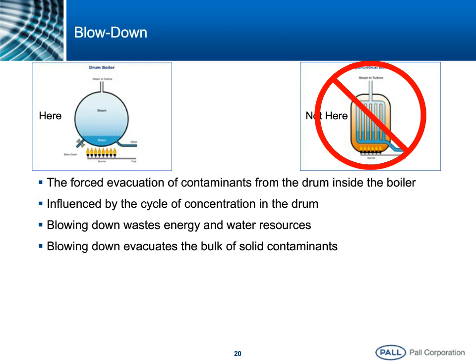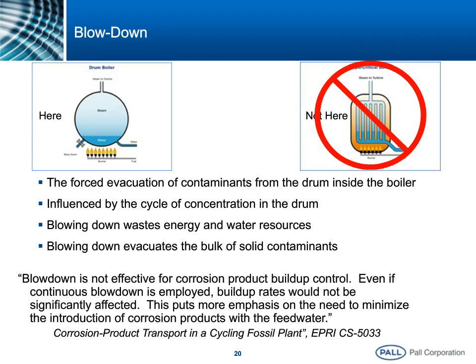But I want to bring your attention to this quote by EPRI themselves. And I'll read it just straight through. Blowdown is not effective for corrosion product buildup control. Even if continuous blowdown is employed, buildup rate would not be significantly affected.